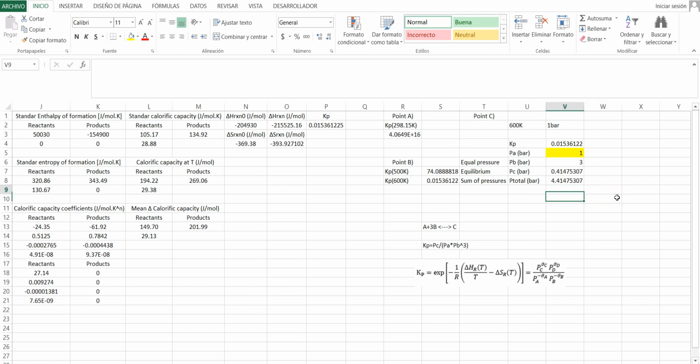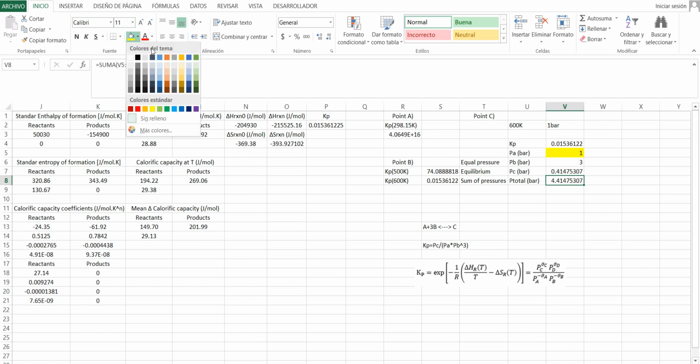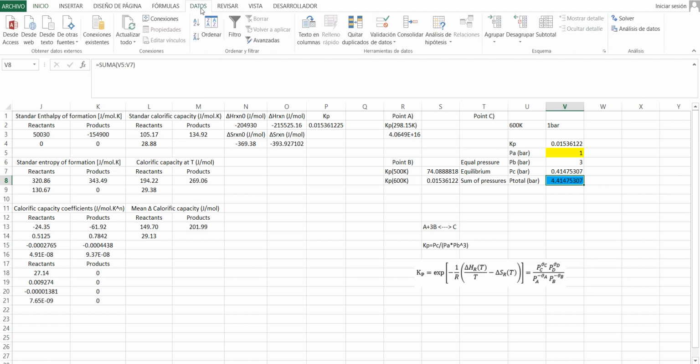This would be our objective. So let's go to data. What we're going to do is that this pressure needs to be 1 bar. That is the only thing that we're going to specify in our problem, and the cell that we're going to change is the partial pressure of toluene.